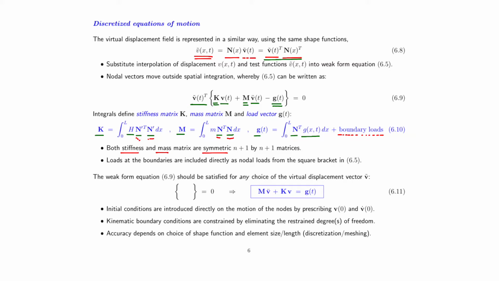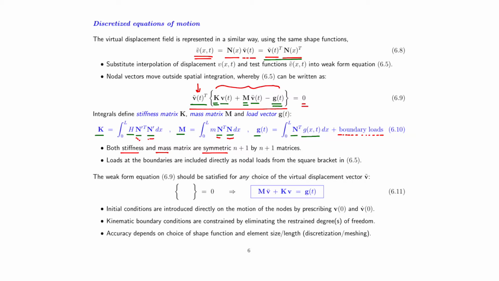In the weak form equation in 6.9, the 0 on the right hand side can be satisfied in two ways. Either the test function is equal to 0, or what is inside the curly braces is equal to 0. The test function should be able to attain any value that we like, and thereby it cannot be bound to 0.